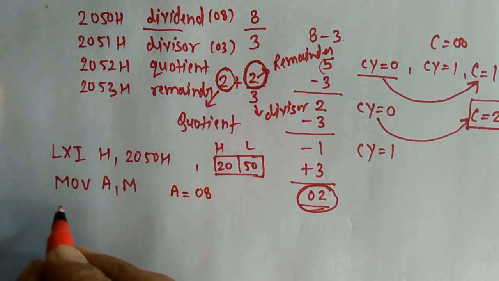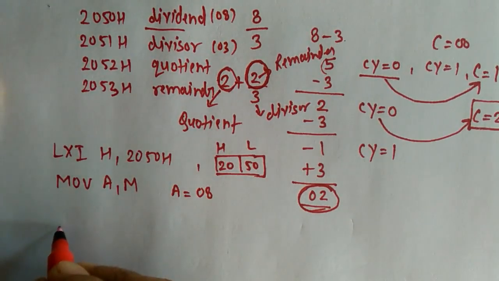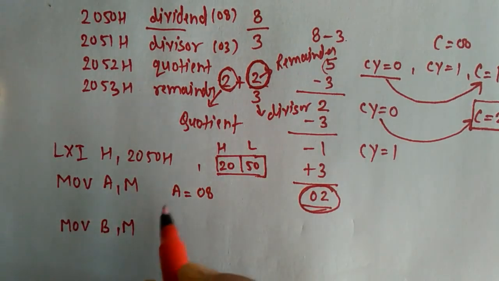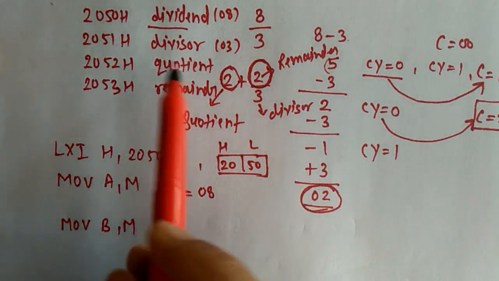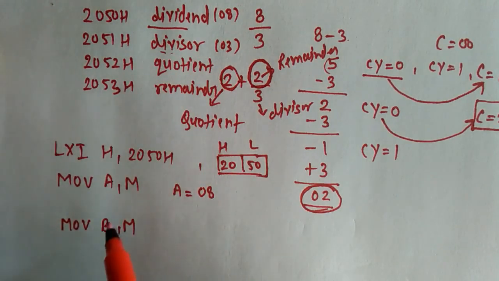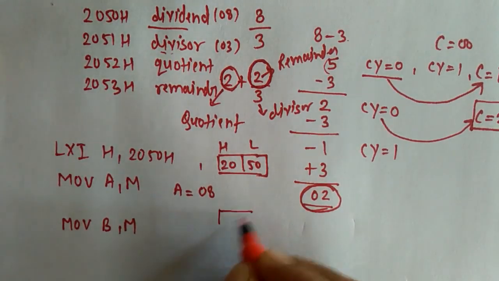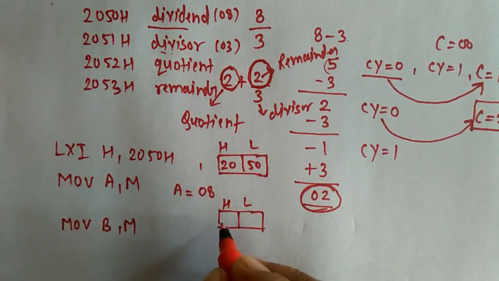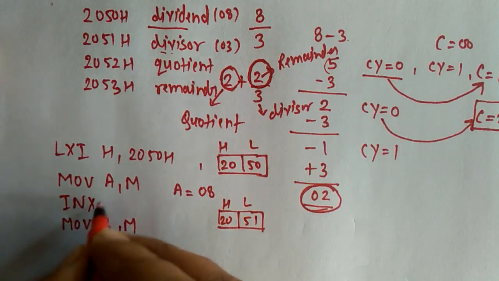Then in order to access the next number, I am going to write MOV B, M. It means I want to copy the value from memory to register B, and this time I want to copy the divisor to register B. So that means we will have to increase HL, because the content of HL must be 2051 if you want to access the divisor. So in order to get HL to 2051, we will write INX H here.